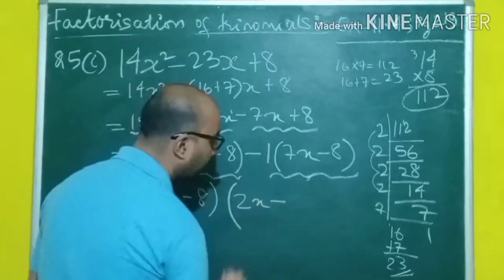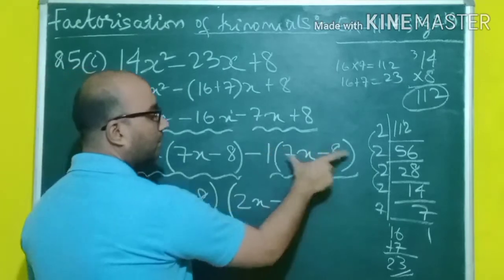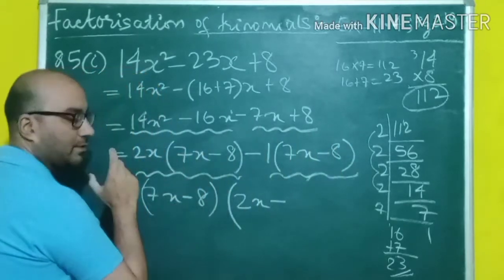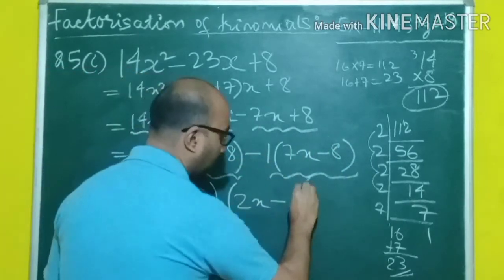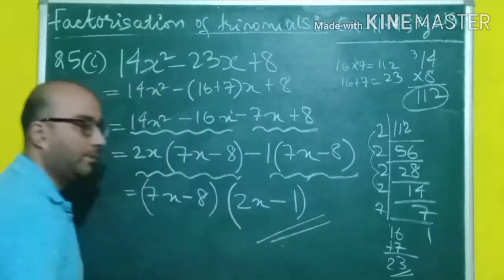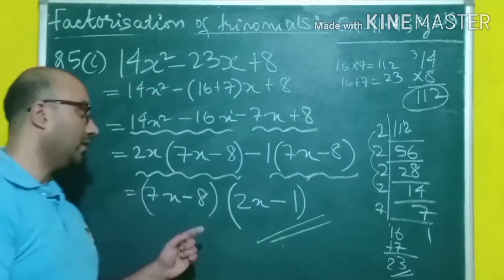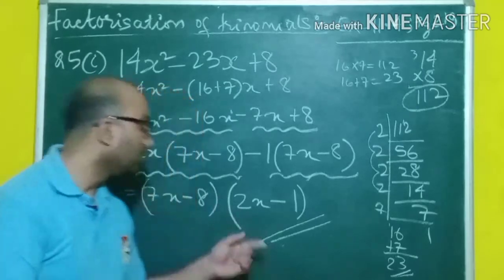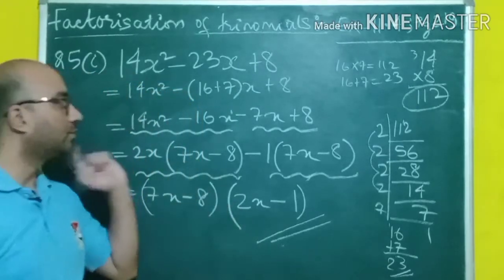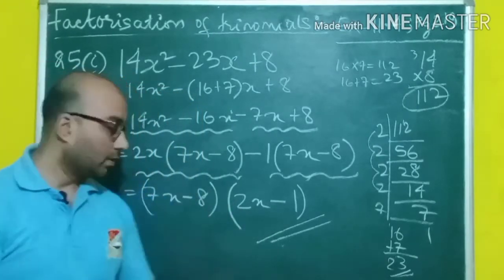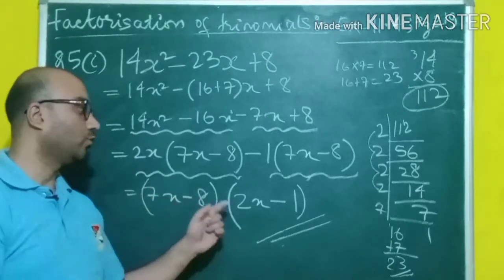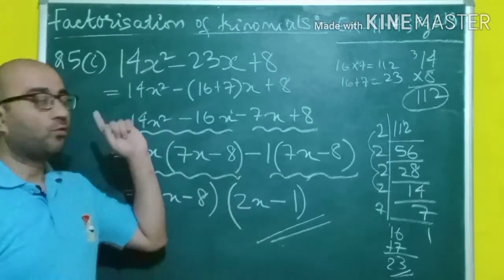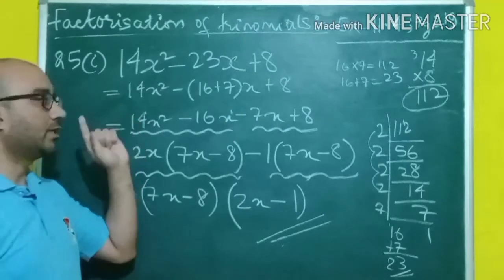Then comes the minus. Out of the 1 into 7x minus 8 we have taken the 7x minus 8 as common, so what is left over? 1 is left over. So this will be our factor. That means 7x minus 8 and 2x minus 1 are the factors of 14x square minus 23x plus 8.